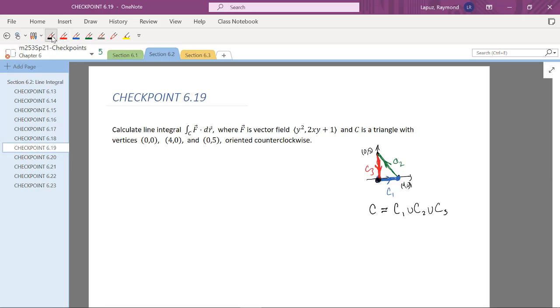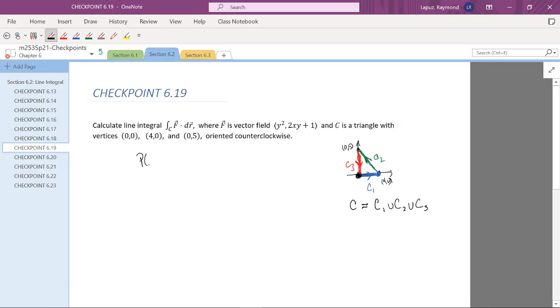Let us generically just think about the parameterization of a line segment between 2 points. Let's say we have point 1, x1, y1, and let's call that P1, and P2, x2, y2.